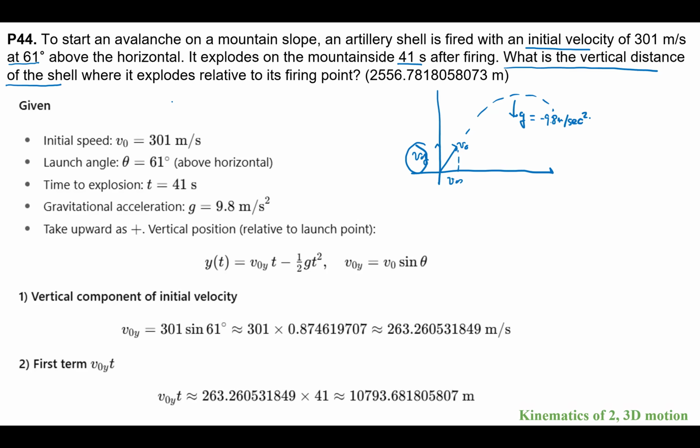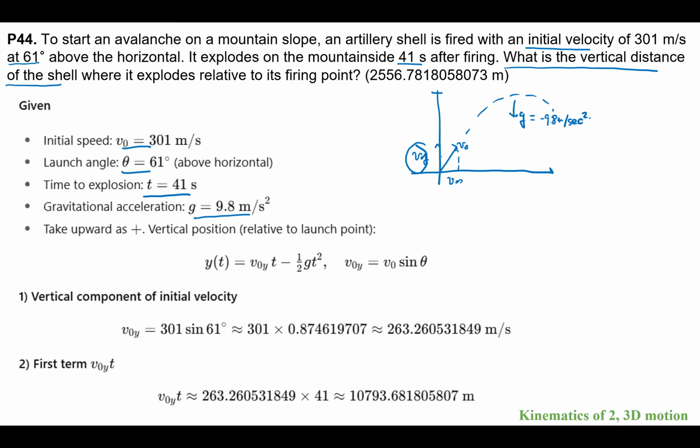And the question is about the vertical distance, how far it can go. So we need to find out what is given: the initial speed, launch angle, and the time to explosion. And we know that g is 9.8 meters per second squared. Even though it is not given, it is a general constant and we have to remember it.